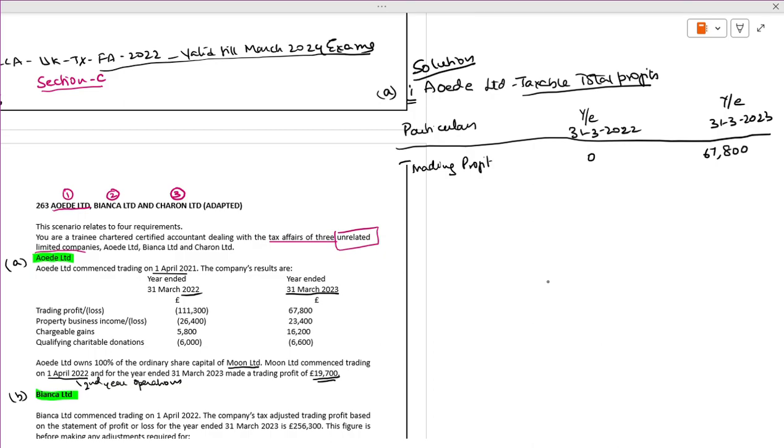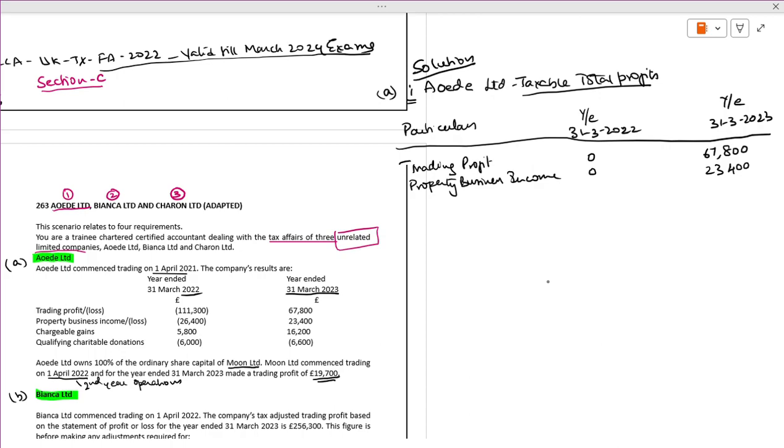Next, if there is a loss, we should not take it; we have to mention 0. Next, property business income: 0 here and how much is the income? 23,400.